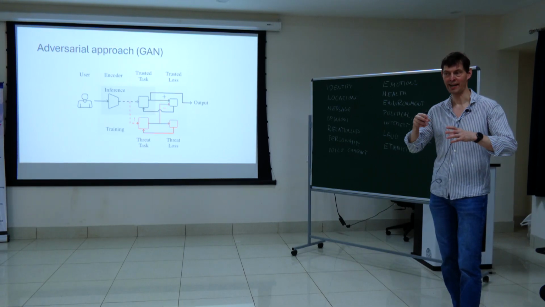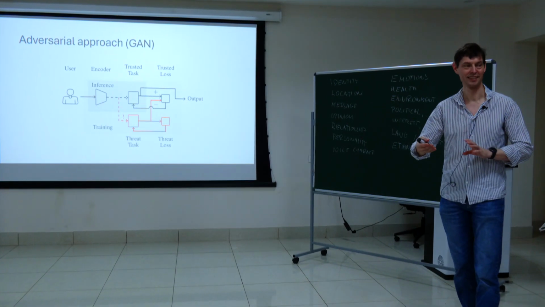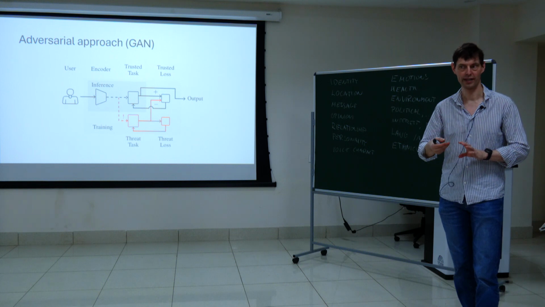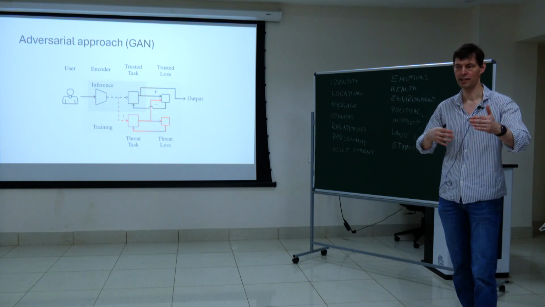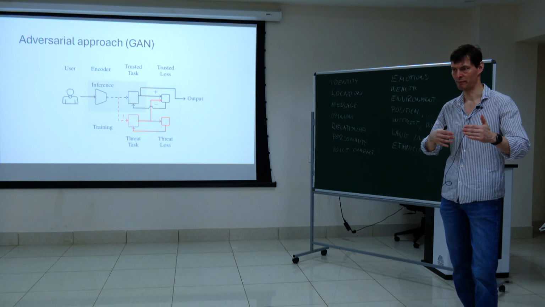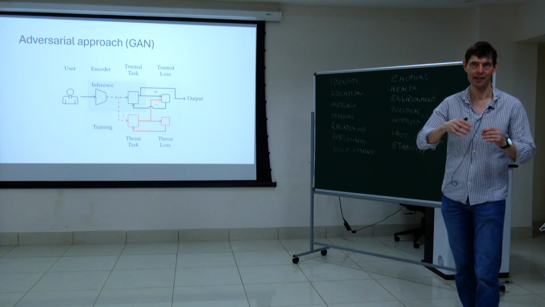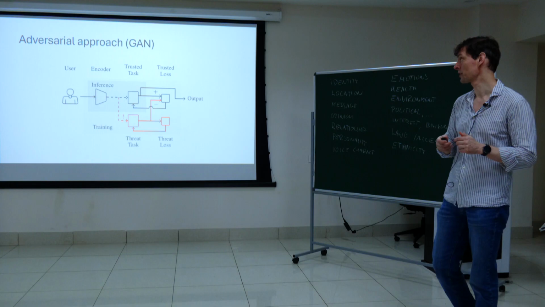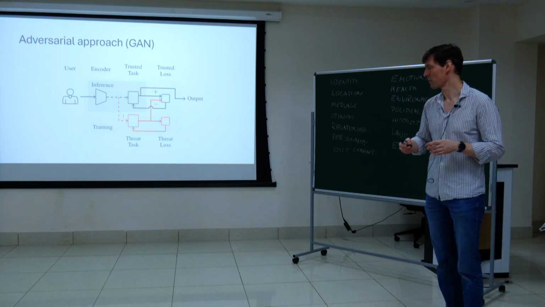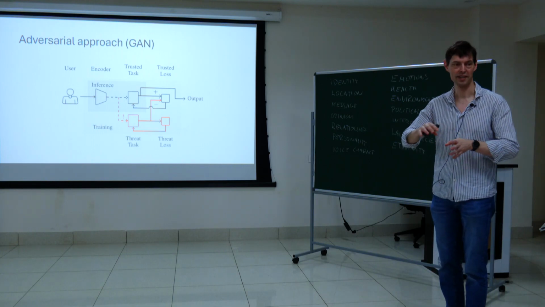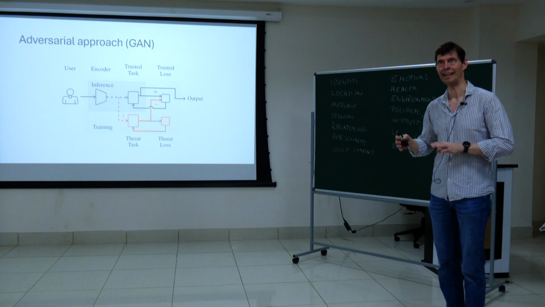So we have an attacker who tries to extract information from the bottleneck, and then we have a competition between these two, and then the intended or trusted task becomes better because it tries to hide, so that the attacker will fail.